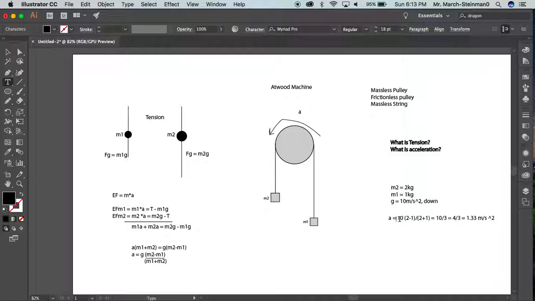So I have 10 times 2 minus 1 over 2 plus 1.